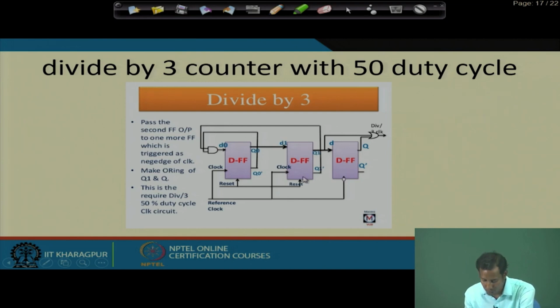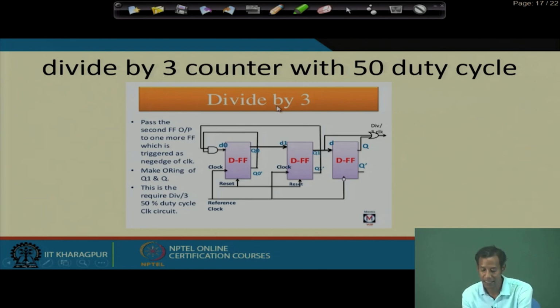Whenever you have this, finally you have up to mod 3. So, mod 3 you will get from the output of the second flip flop. Here, this one and this one, if ANDed and given as the input to the first flip flop, then you will get divide by 3.